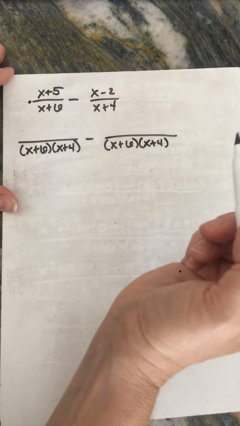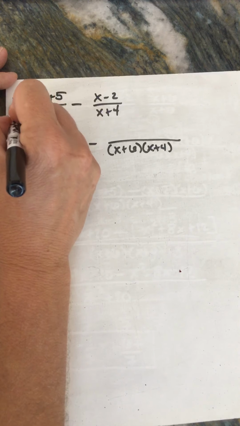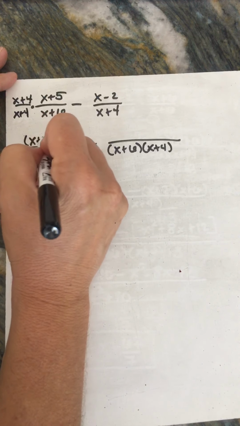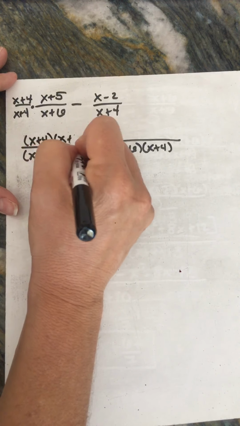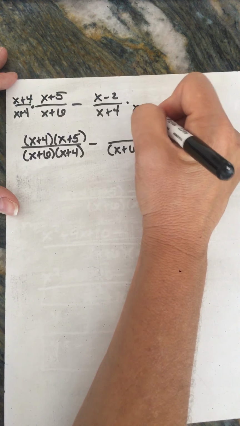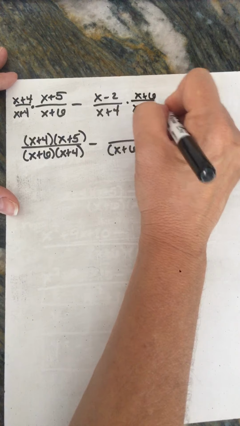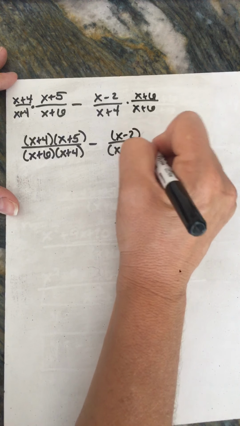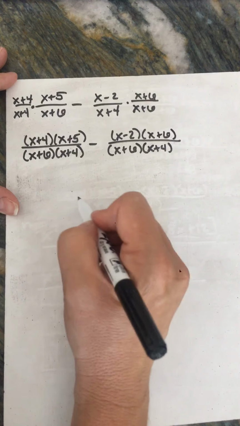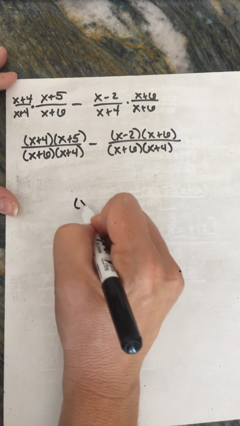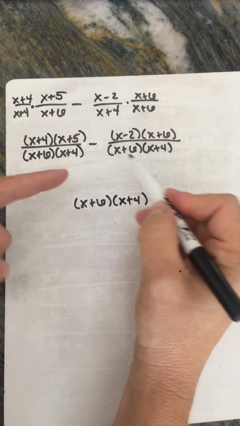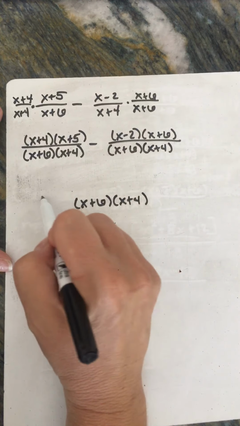So this left side fraction needs to be multiplied by an x plus 4 over x plus 4. So our new numerator, x plus 4 times the quantity x plus 5. And then the right-hand fraction, we're going to multiply by x plus 6 over x plus 6. So x minus 2 times the quantity x plus 6. Okay, so our denominator, when we combine them, will be x plus 6 times x plus 4. And you guys might be getting to the point where you don't need to do this step in the middle. That's fine.